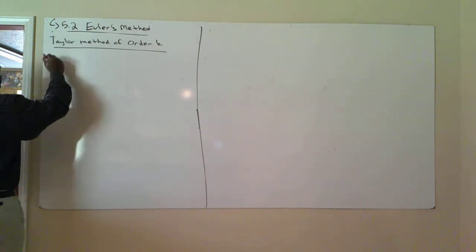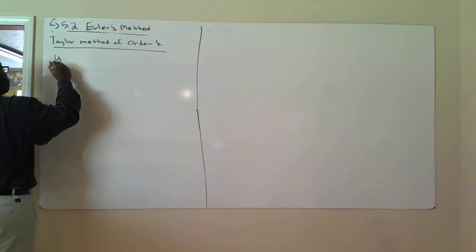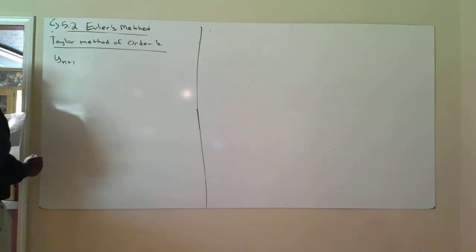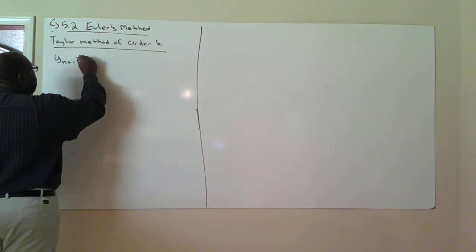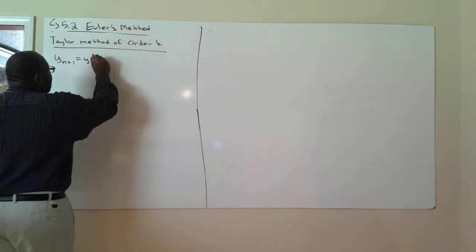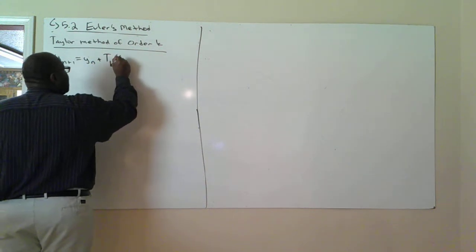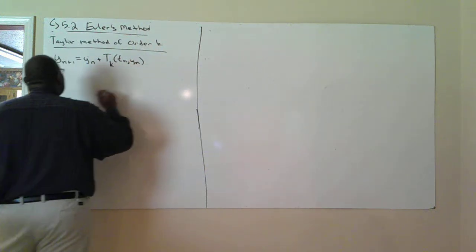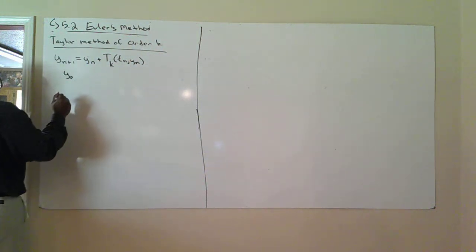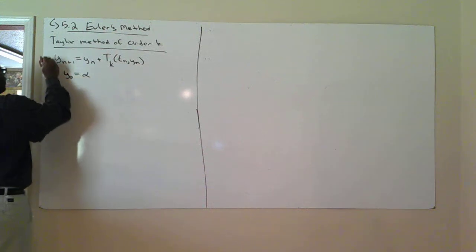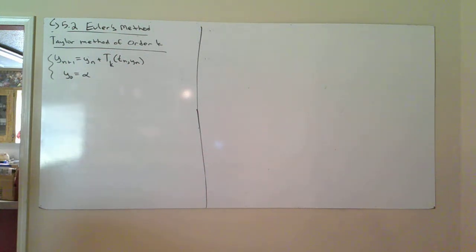We have y sub n plus 1 is equal to y sub n plus T sub k of t sub n, y sub n. And then we have y sub 0 is equal to, let's say, alpha, some value. So y sub n plus 1 is equal to y sub n plus T sub k of t sub n, y sub n, and y sub 0 is equal to alpha.